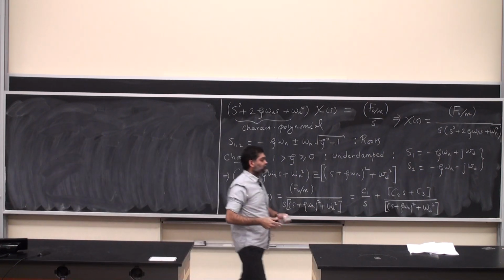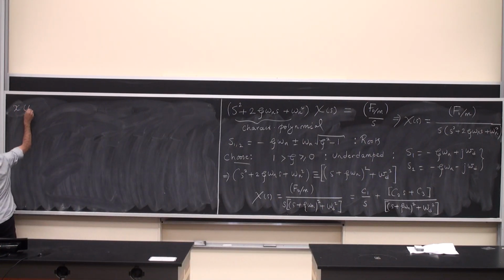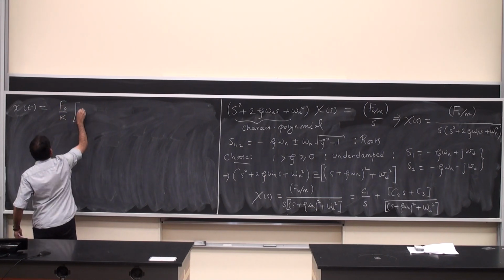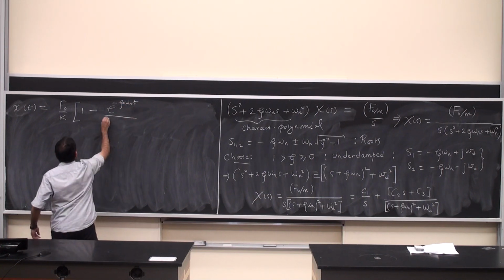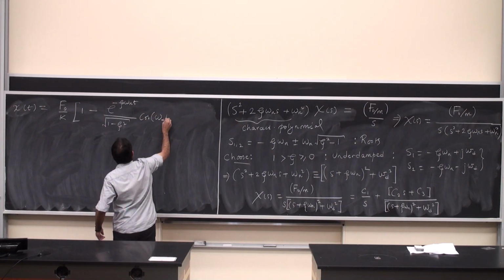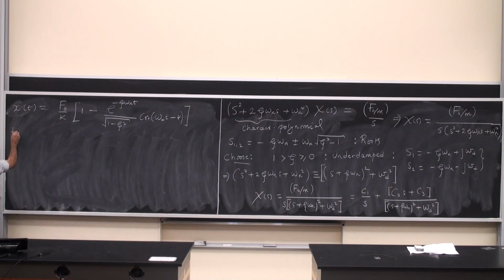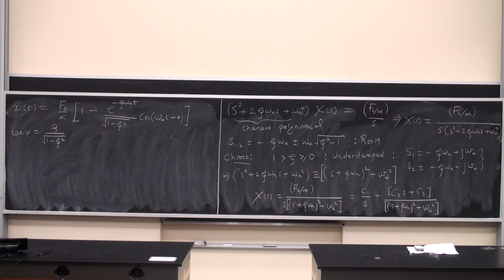So before I take an example, if I look at the system response, so this was x of t, which was F naught by k, 1 minus cosine of omega d t minus psi, tan psi is theta by 1 minus theta square. If I plot this as a function of time, this is what I'll get.